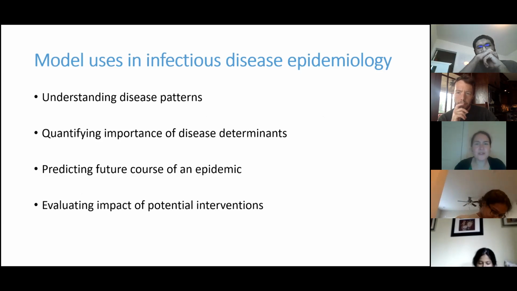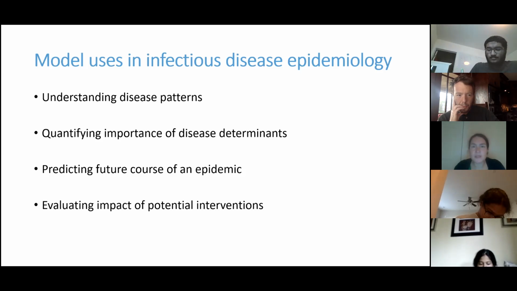Okay, so there's the definition. In terms of how we use these models in infectious disease epidemiology, which is the land that I occupy, we use these models to do lots of different things. I think some of the main themes, and this is not exhaustive, of the types of things that we try to do with these models in infectious disease epidemiology are to understand disease patterns.